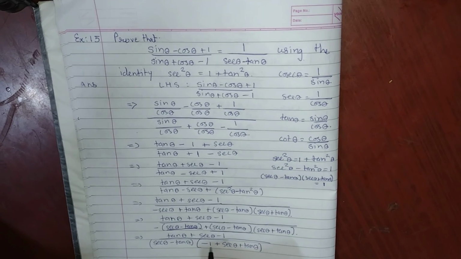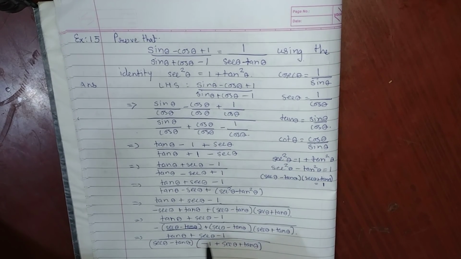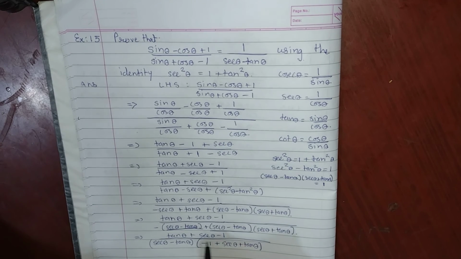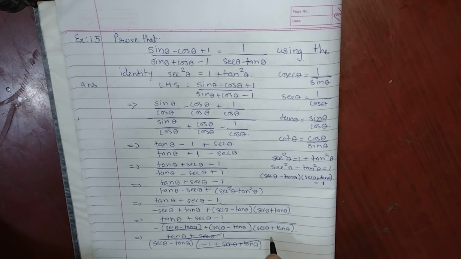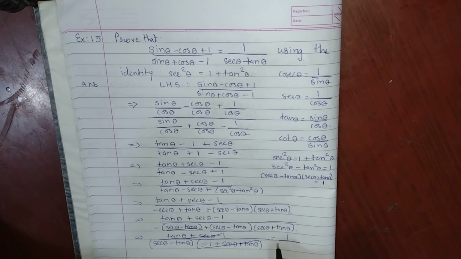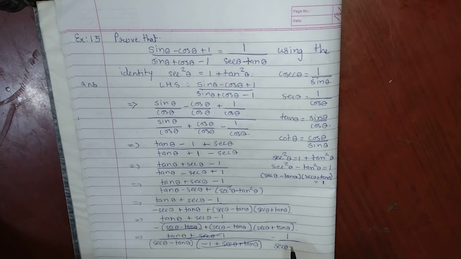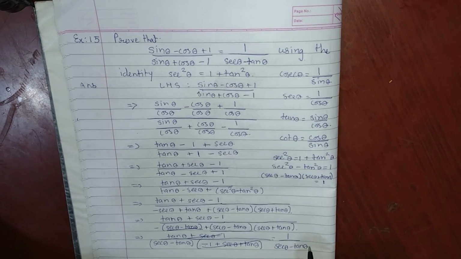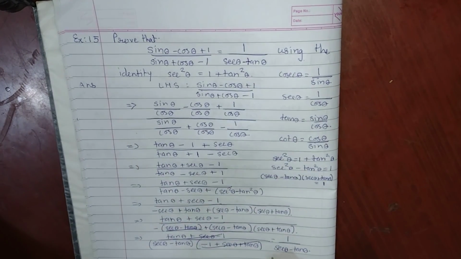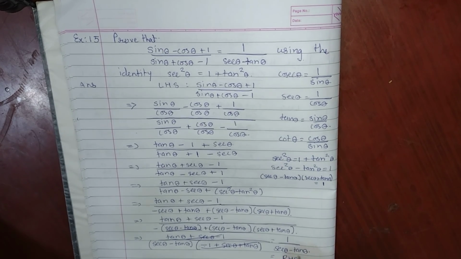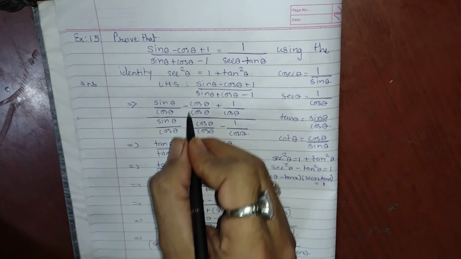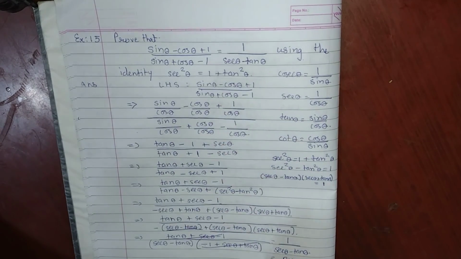Now we can see minus 1 is in the numerator and also in the denominator, sec theta plus plus, tan theta also plus plus. So this term and this term will cancel, and we get 1 upon sec theta minus tan theta, which is what we had to prove as the RHS. So whatever we had to prove, we have proved by simplifying the whole thing.